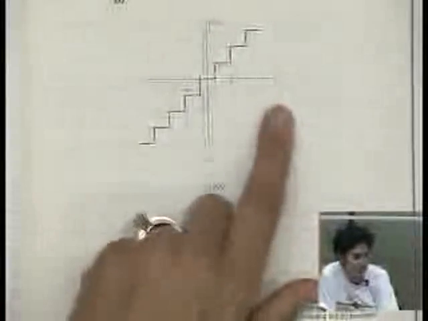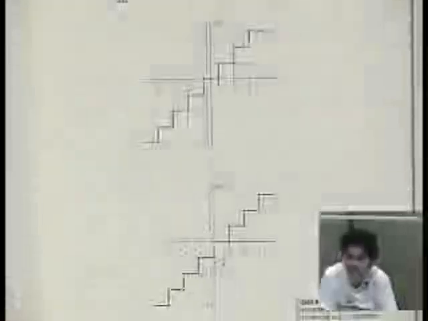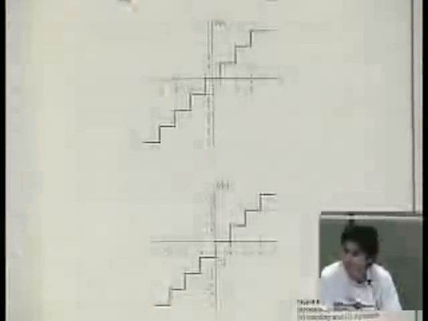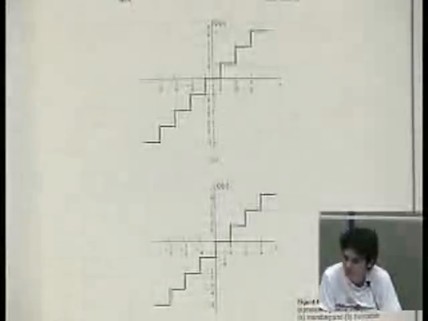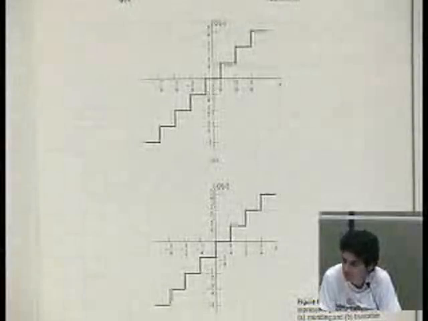Quantization error is Q of x minus x. How much error did I incur when I did this type of quantization, in this case rounding, and in this case truncation? And what is the quantization error when you're doing rounding? Between what and what values is it?